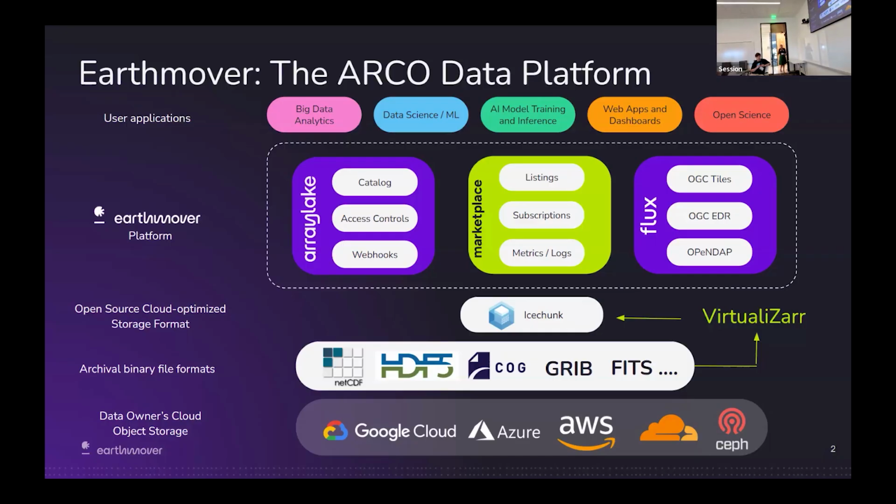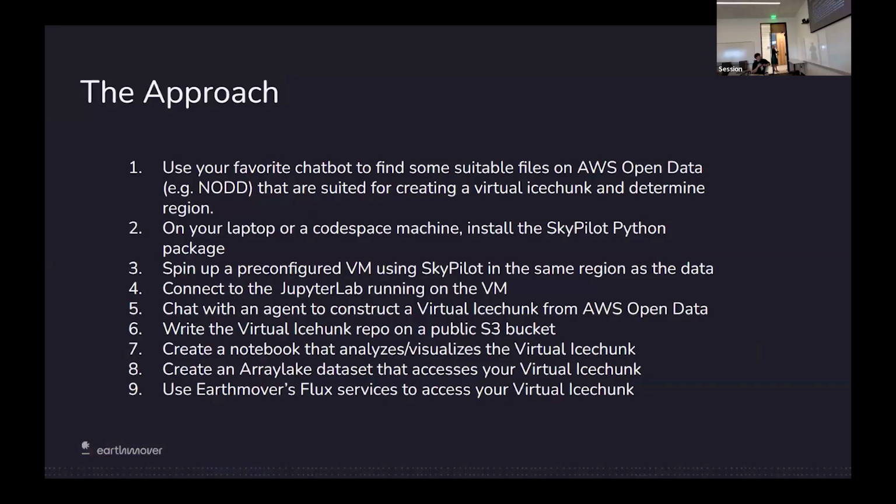So what we're going to do is it's probably going to take about 10 minutes to get us set up, to the point where we can actually start using an agent. But I debated about this a little bit, and I think the very first thing you should do is just use your favorite chatbot to ask whether there are some suitable files, and let's restrict it a little bit, like AWS Open Data, that are suited for creating a virtual Icechunk, and then figure out what region that's in.